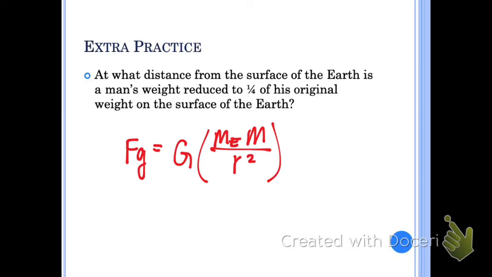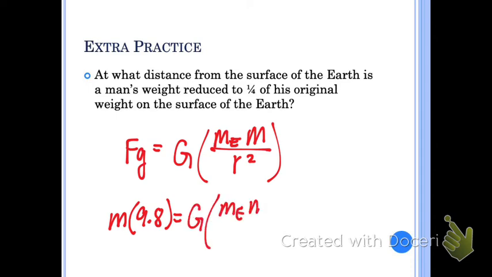Okay. What's another way that we could solve for Fg? Mass times 9.8, right? Agreed? That would give us his weight on the surface of the earth. But we don't want to know anything that's happening on the surface of the earth.